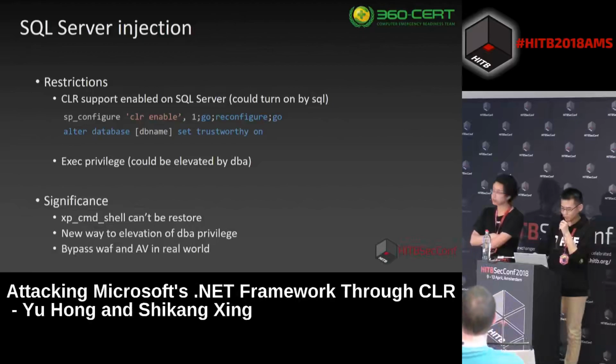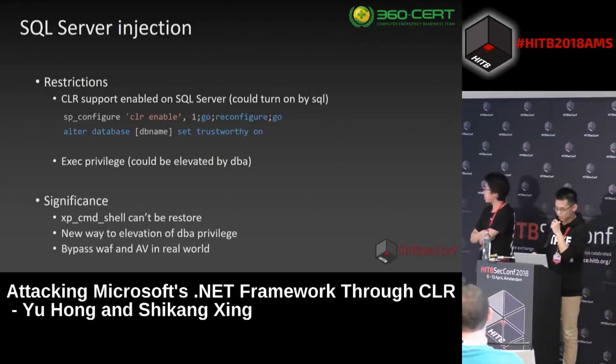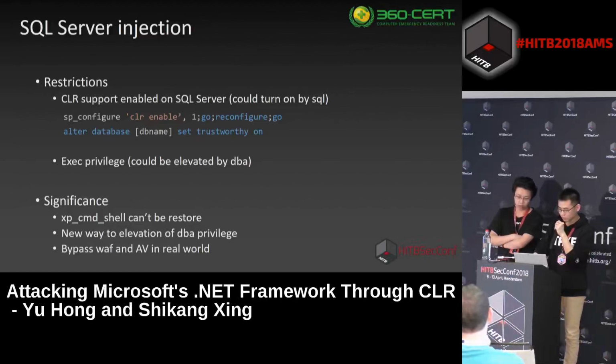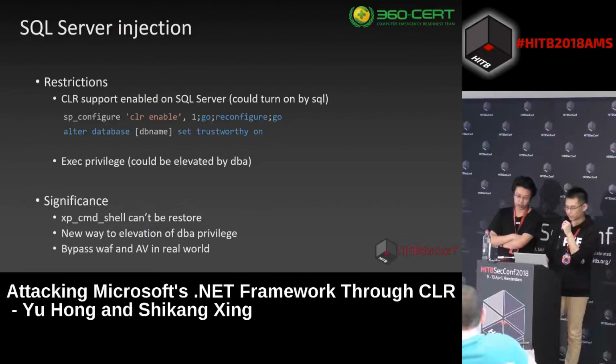And the second one is to set the trustworthy property. The account must have execution permission. We could do an elevation of privilege by DBA to allow it.